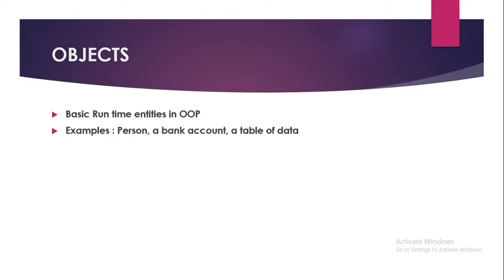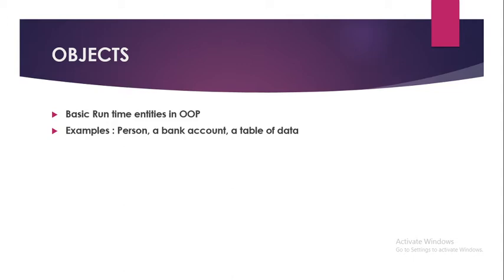So first, objects. Objects are nothing but runtime entities in object-oriented programming, that is, in OOP. It can be anything, for example a person, a bank account, a table of data.